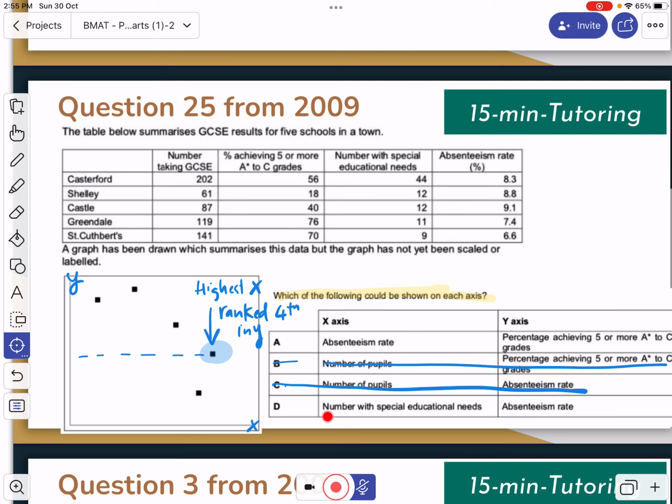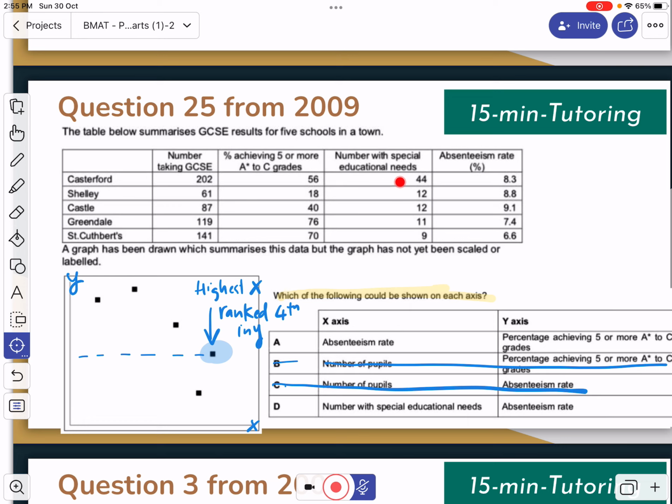Choice D, x-axis number with special educational needs, y-axis absenteeism rate. Again, ranked highest in X. This is the number of students with special needs. Which one is the highest? Castleford again.